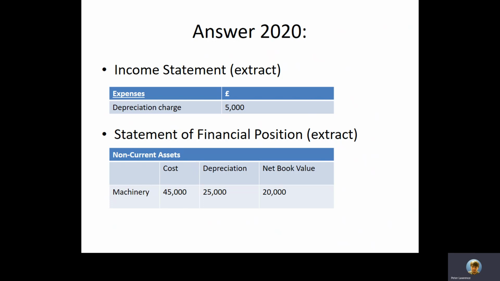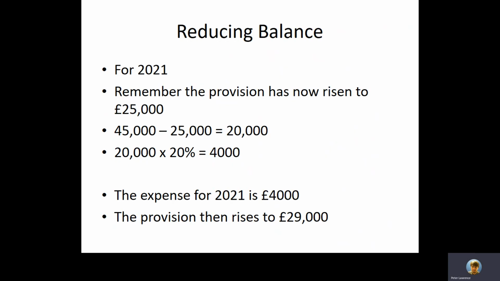See that in the financial statements. So charge of 5,000. And then the non-current assets are worth £20,000 now at net book value because our cost is 45 and we've increased our provision to 25. So when we get to 2021, as the provision has risen to 25,000, we've now got a net book value of £20,000 in 2021.